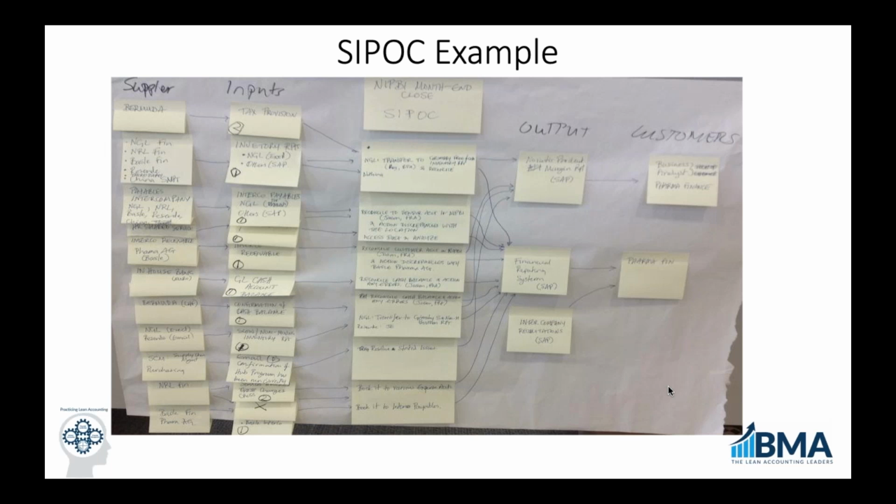So the idea of a SIPOC chart, for those of you who may not be familiar with it, SIPOC stands for Supplier Input Process Output Customer. And this is a really effective tool to better understand who the customers are of accounting processes.